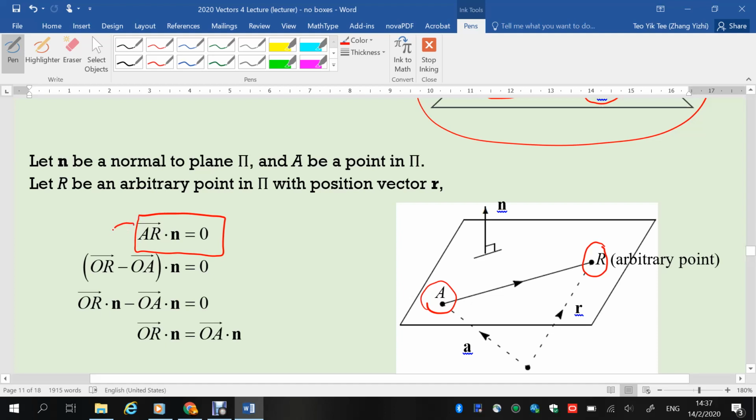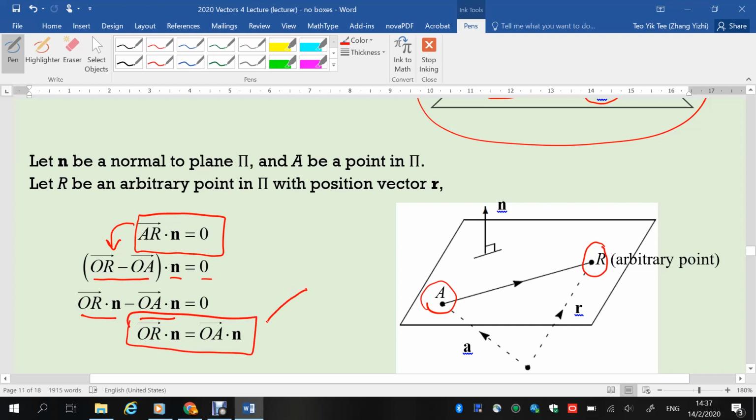And AR actually comes from OR minus OA. So this whole thing, dotted with n, must be equal to 0. OR dot n minus OA dot n must be equal to 0. If I shift OA to the other side, I have OR dot n equals to OA dot n.